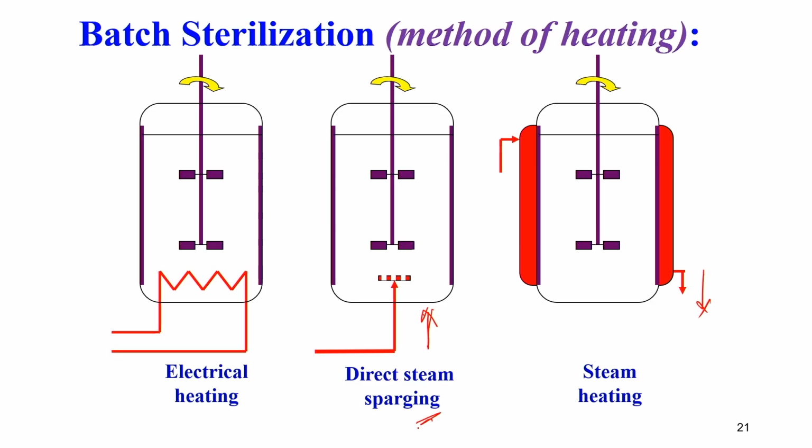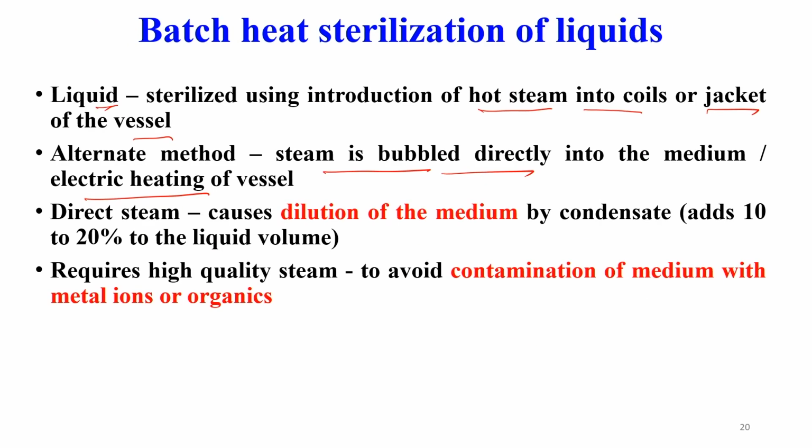Now, when you are directly sparging the steam, there will be an increase in the volume of media, because whatever steam you have added will be condensed, and in turn it will contribute to the total volume. So, direct steam causes dilution of media by condensate. Its typical value is 10 to 20%, but it depends on the flow rate and how much time.